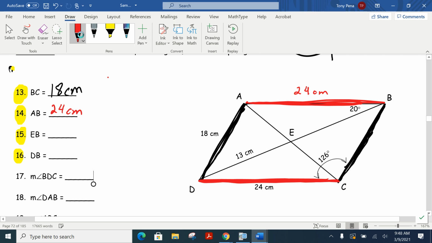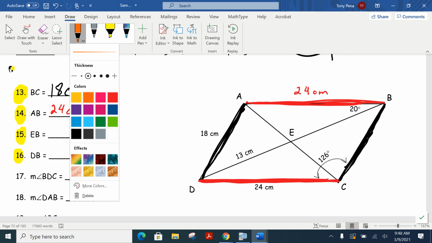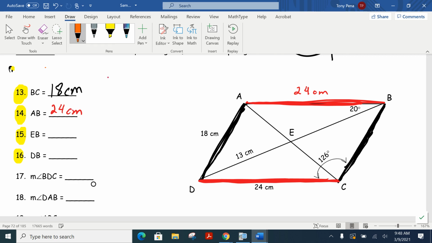All right, so then we go to the orange. The next one, EB. So if I want EB, anybody think they got that length? Yeah, Cam. Good. So he says this is 13 centimeters. Why is that 13 centimeters? Good. So he's saying these diagonals bisect each other.